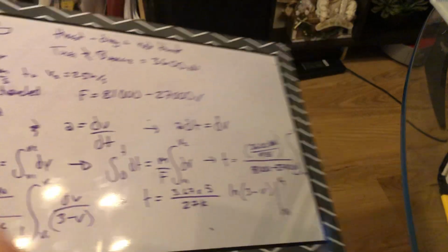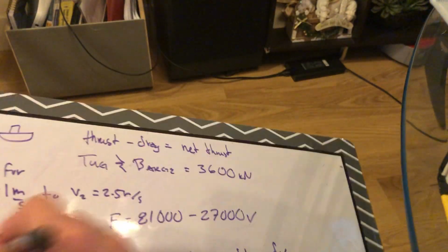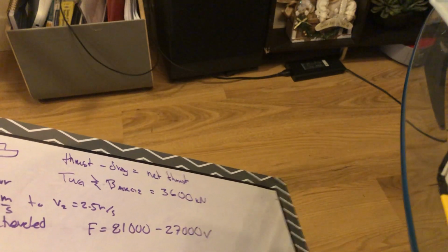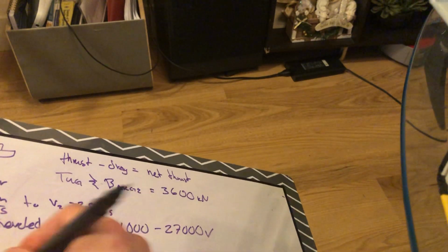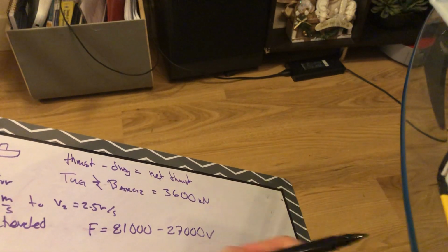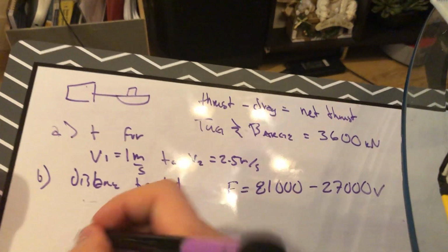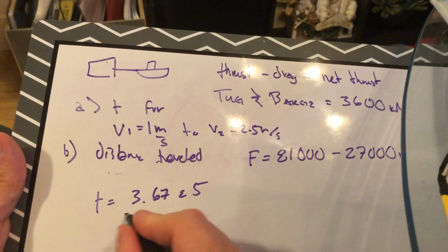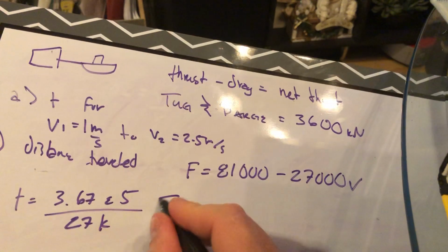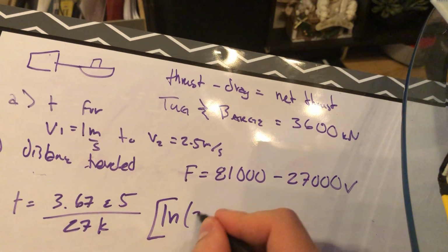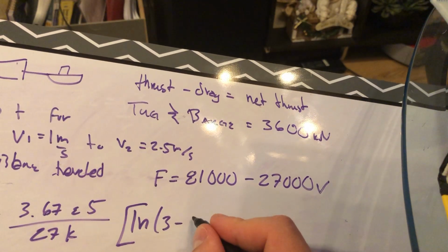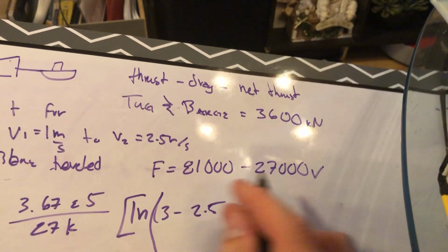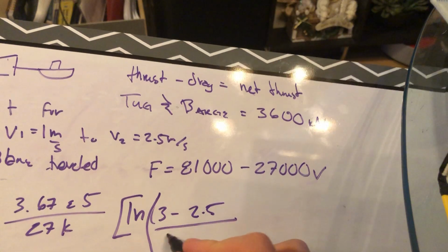So T equals 3.67E5 over 27K times the natural log of 3 minus V2, that is 2.5, over 3 minus 1.